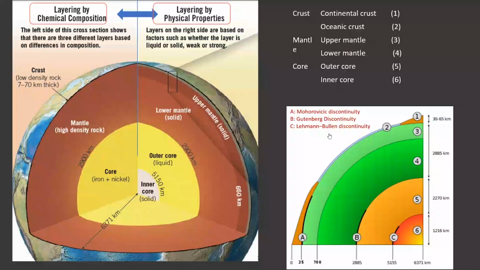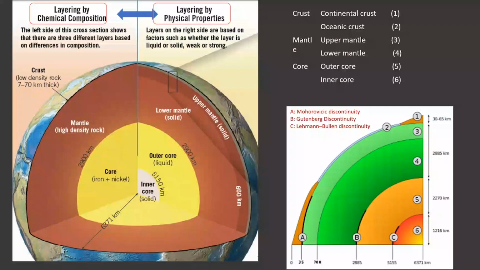It varies in thickness from 7 kilometers to 70 kilometers. The discontinuity between mantle and core is called Gutenberg discontinuity, which is at a depth of around 2900 kilometers.